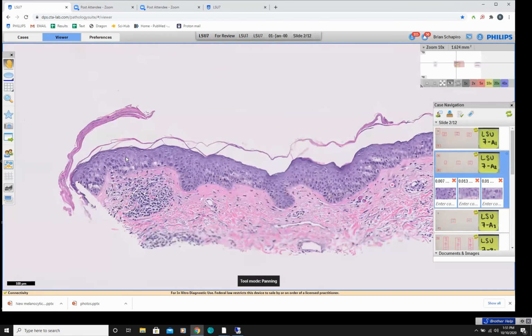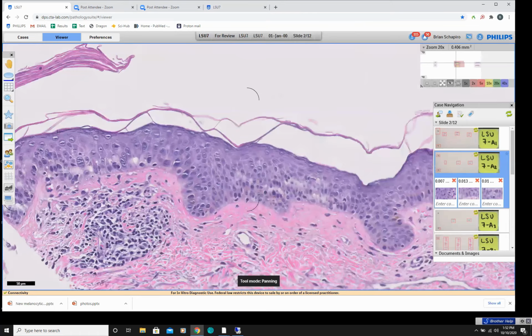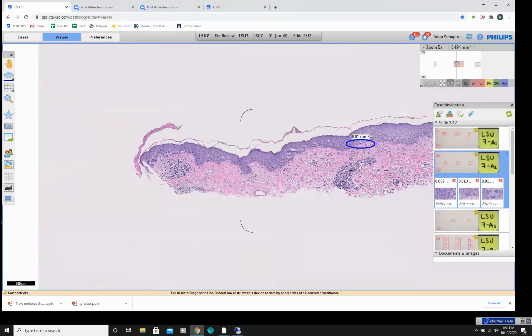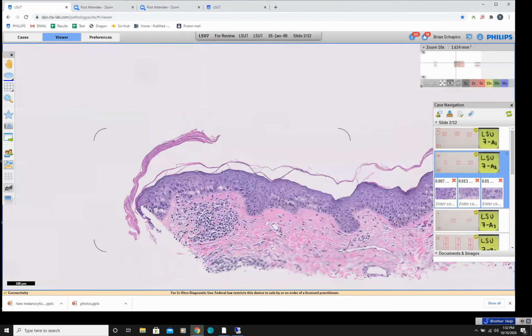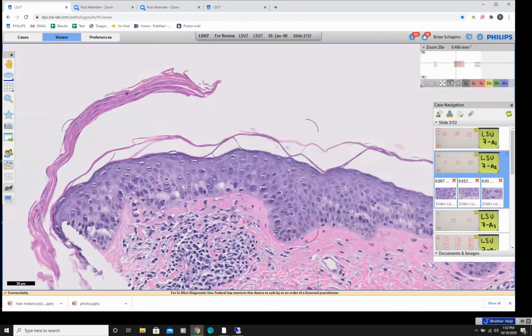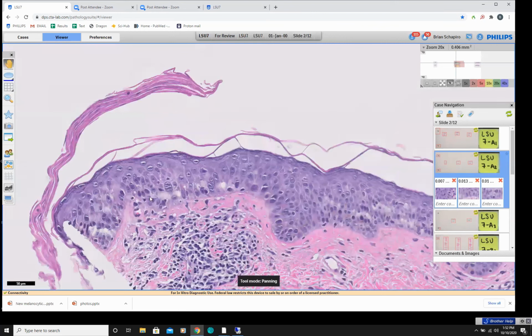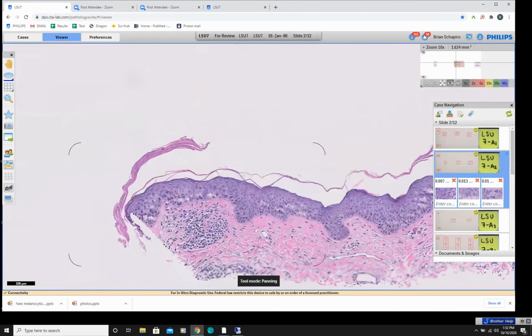So maybe we could squash this into an actinic keratosis. And this was biopsied as a squamous lesion, and there is a little bit of atypia. And the clue to the diagnosis here was, yes, this could be called an actinic keratosis, with enlarged keratinocytes and parakeratosis.